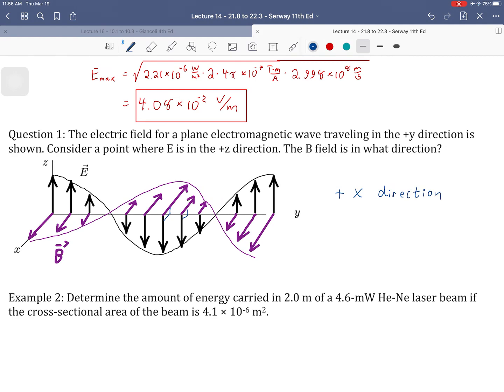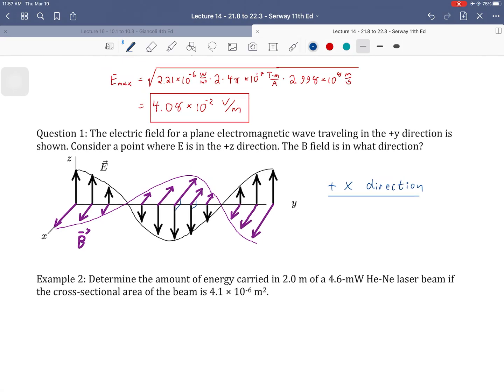And when the E field is in the negative z direction, the B field is in the negative x direction. That would be like over here, for example. So hopefully the perpendicular nature of the components of the EM wave is clear. The biggest takeaway is that the wave moves in one direction, the magnetic field moves perpendicular to that direction, and the electric field moves perpendicular to both of them.